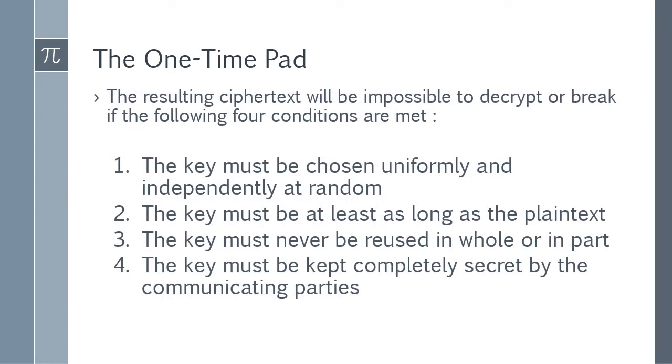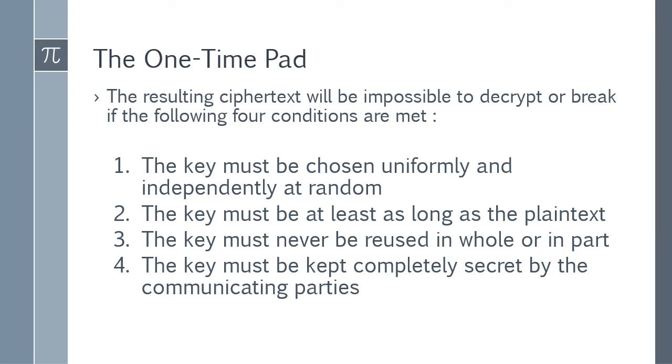To ensure security of our encryption, we should meet 4 conditions, and one of them is to choose the key uniformly and independently at random. What it means is that there shouldn't be any possibility to derive some function that generates our sequence of numbers, but this sequence should be really, really random.